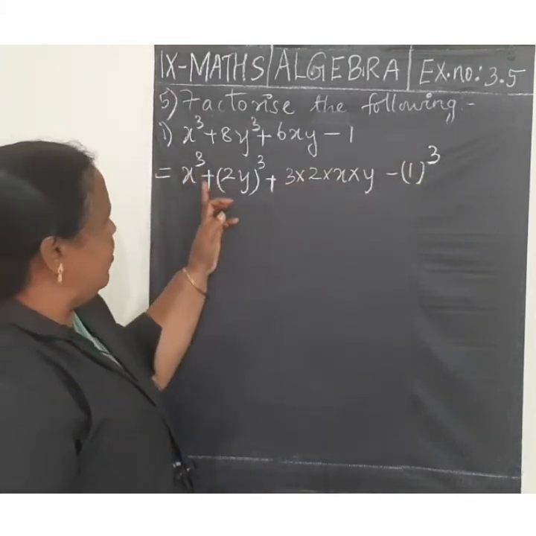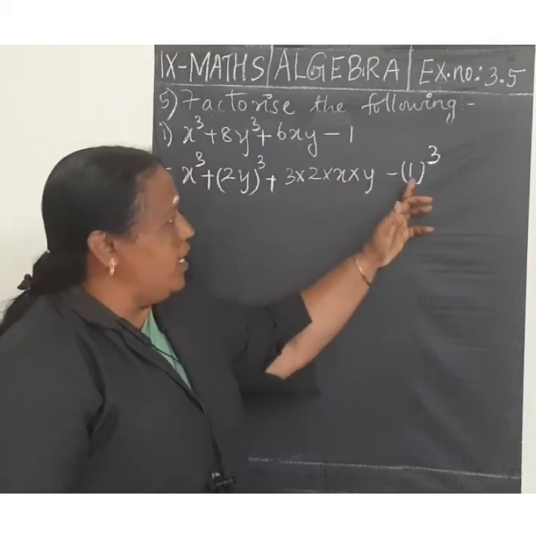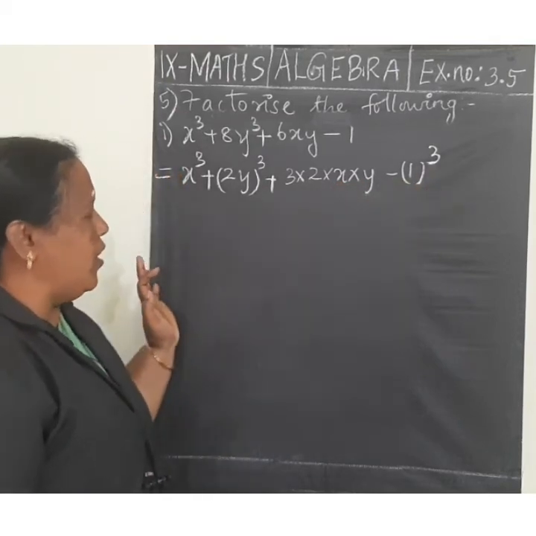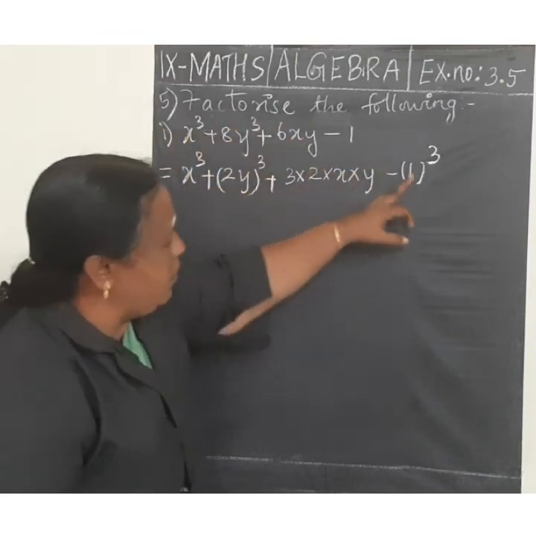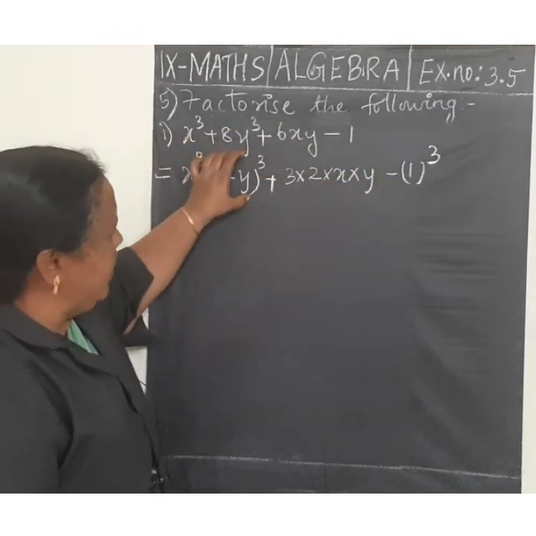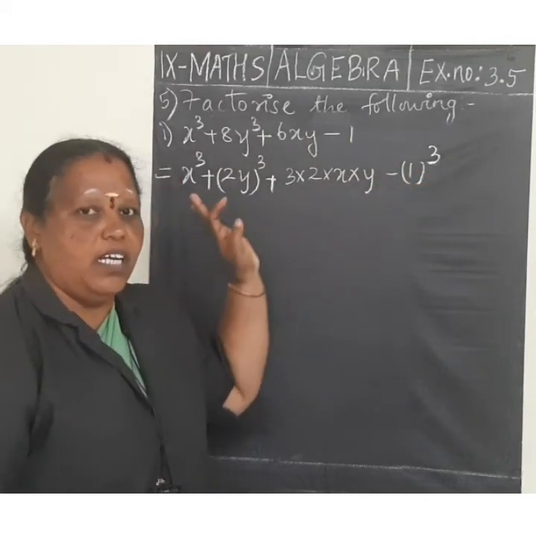So x cube plus 2y cube plus 3 into 2 into x into y minus 1 cube. Now here we have x cube, 2y cube and 1 cube, so a cube, b cube, and we are taking this one as c cube.